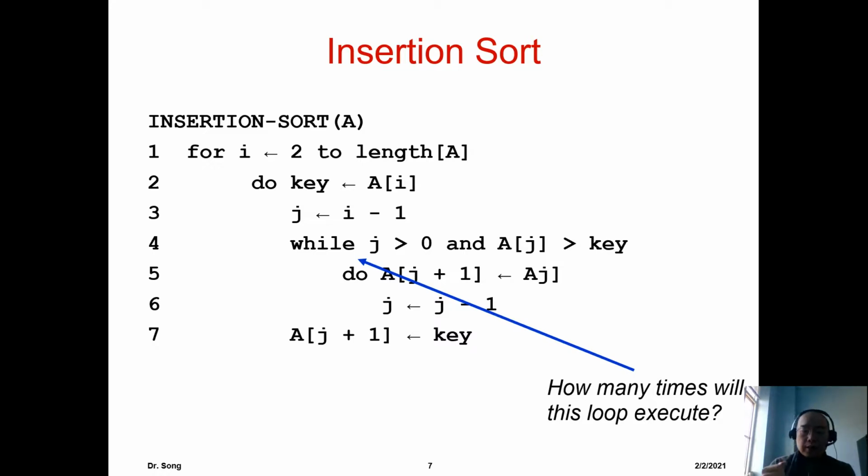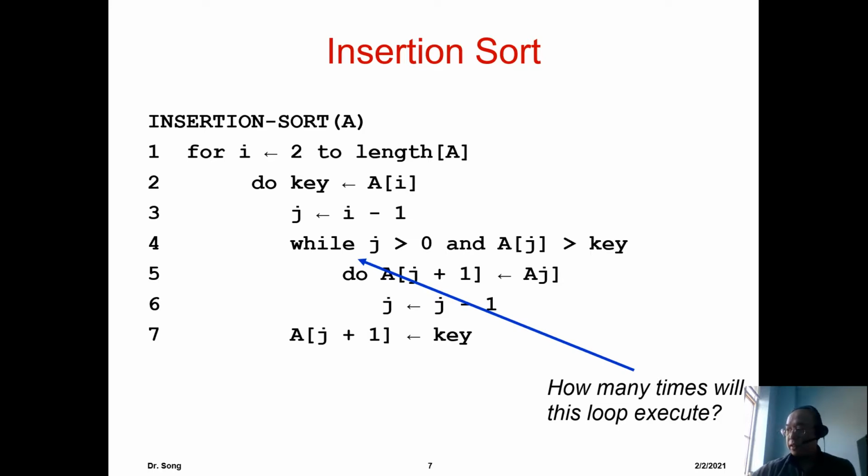So line 4 will be executed once, because we check this condition, find it is not true, but still we check it once. That is the best case. For each time we reach line 4, we check it once and we are done. How about the worst case?